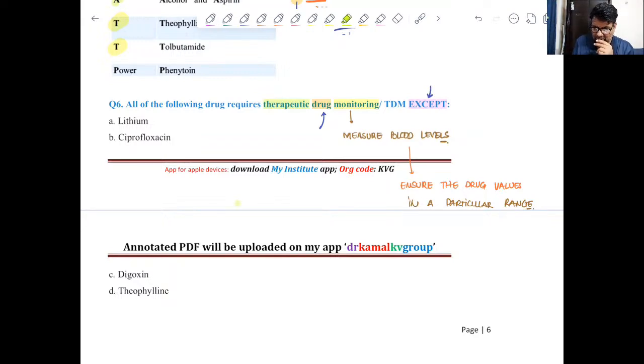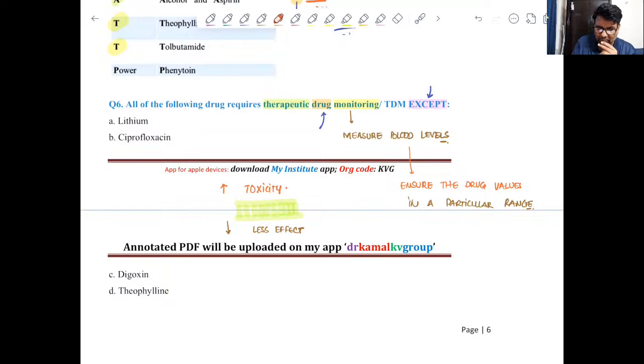Now suppose if this is, say, the safe level of the drug, if the levels are below this, there will be less effect, clear? And if the levels are above this, there will be toxicity.